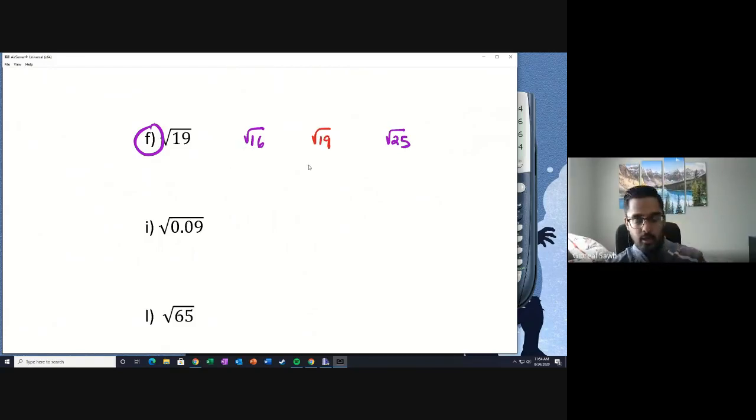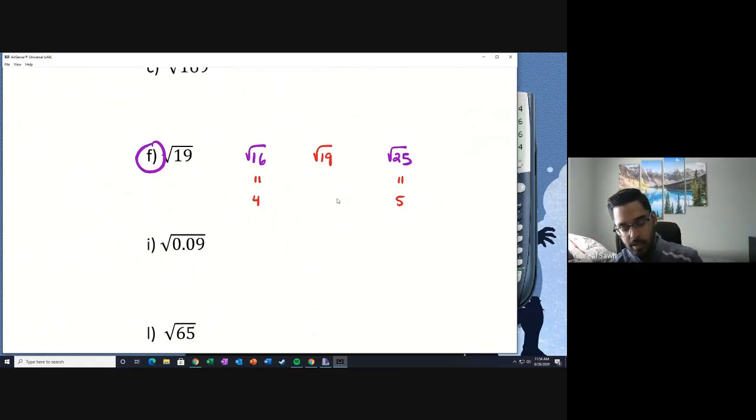Square root of 16 is 4, square root of 25 is 5. So I know that the square root of 19 should be in between 4 and 5. Now, I'm not exactly sure where, if it's 4.1, 4.2, 4.3, whatever.